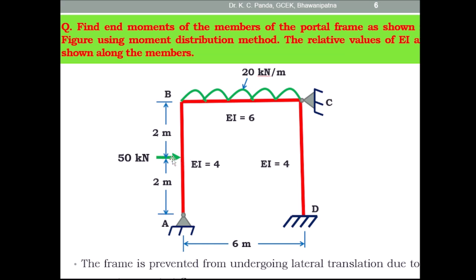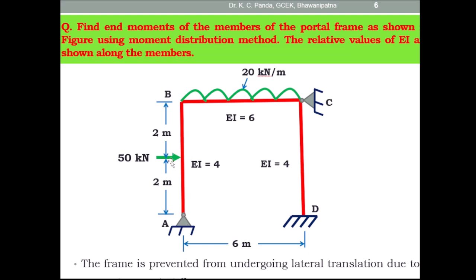There is a lateral load of 50 kilonewton at the midpoint of the vertical member AB. On the horizontal member BC, there is a uniformly distributed load of intensity 20 kilonewton per meter. On the vertical member CD, there is no loading. The horizontal member length is 6 meter and the height of the vertical member is 4 meter.